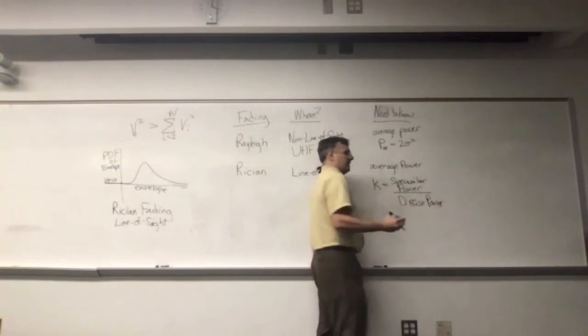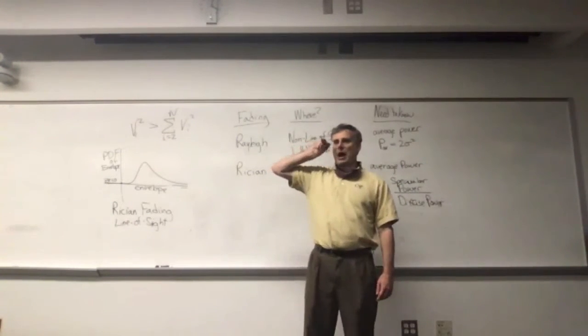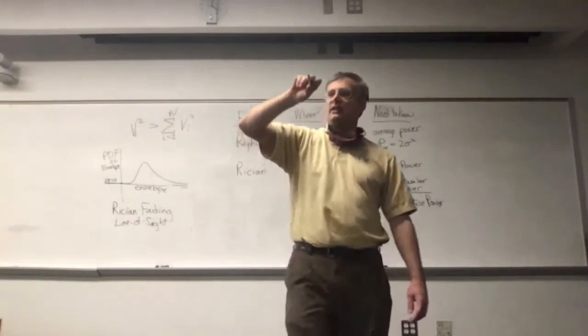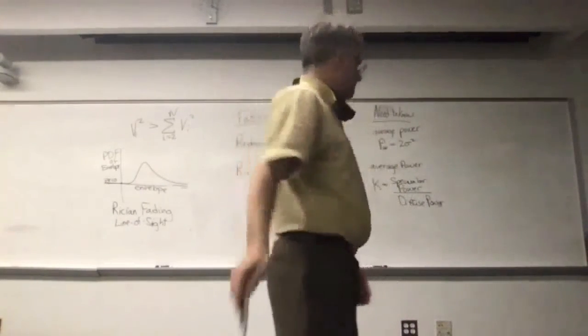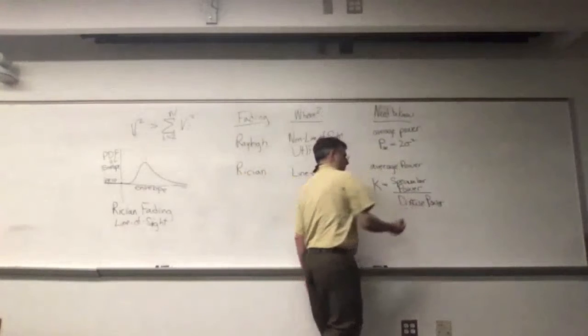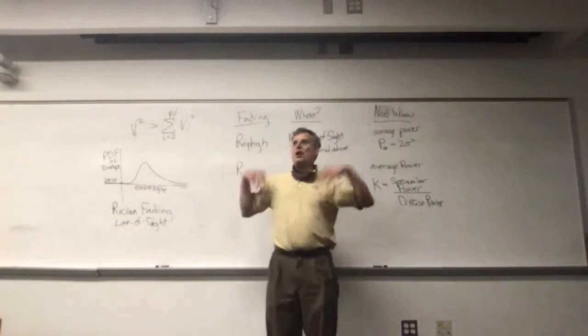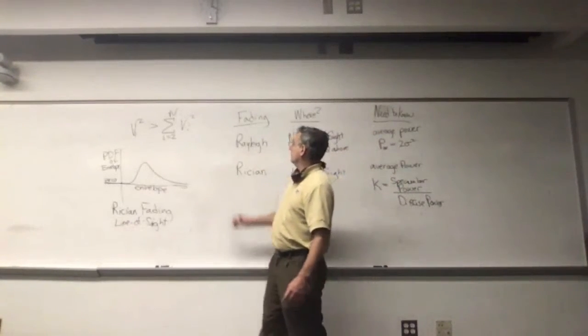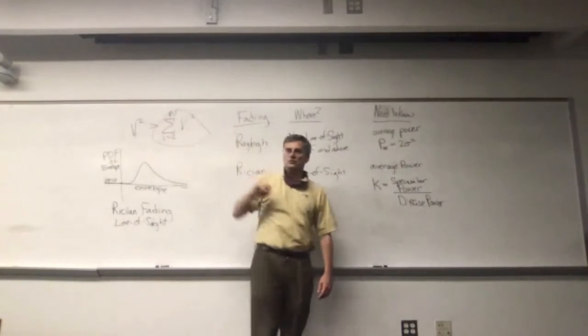Specular power is the dominant component, the power of that dominant wave striking your antenna. Diffuse power is the sum of all the other stuff. This stuff, that's diffuse power.